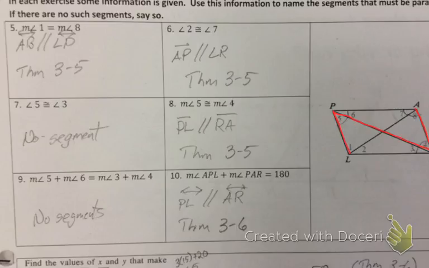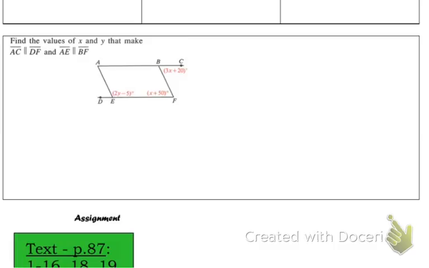All right, make sure you have all these down. You can ask questions on it tomorrow. I do want to start the next one really quick. It says find the values of x and y that make AC parallel to DF. So we're just going to start with that one. I'm looking at what makes AC parallel to DF, so I'm going to look at alternate interior angles.